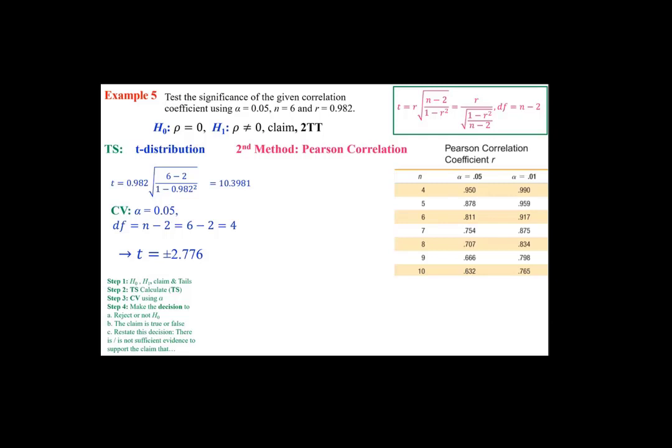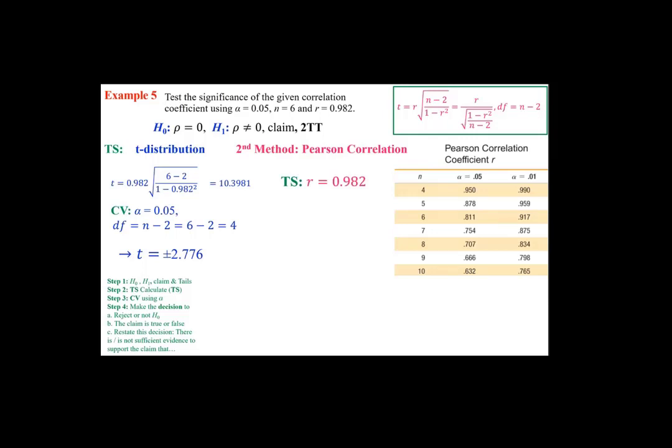Okay, fine. How do we find the test statistic using the second method? Test statistic is given to us, class. Test statistic is the value of r that either has been given to us or we have calculated it, 0.982. So that one is given. Okay. What about the critical value? The critical value comes from the Pearson correlation coefficient table, the table to the right. Okay, so what are we looking for?